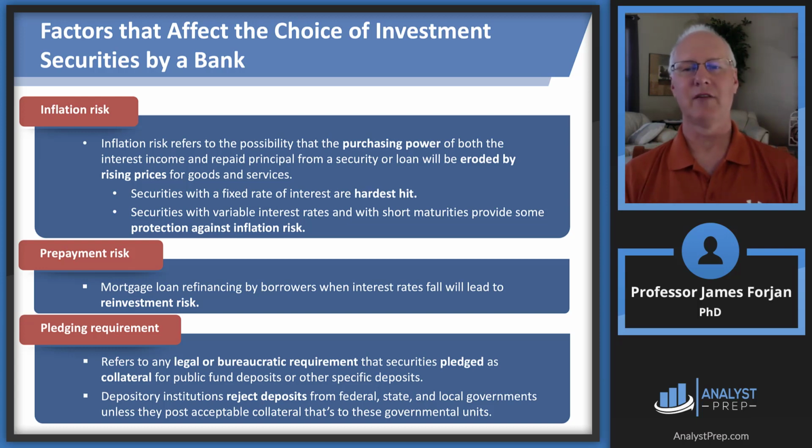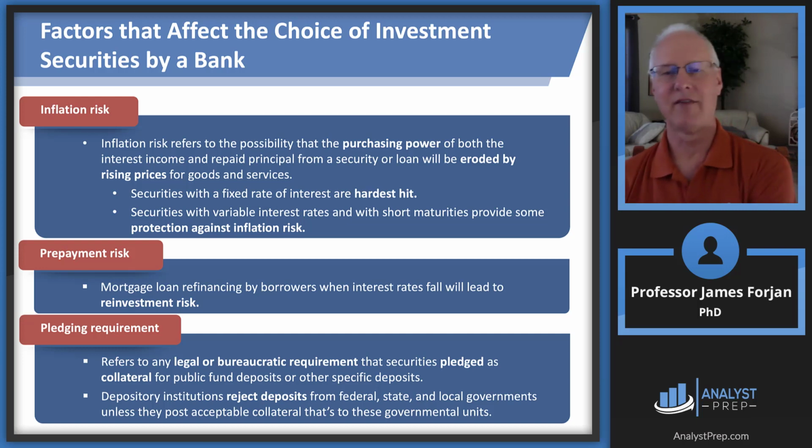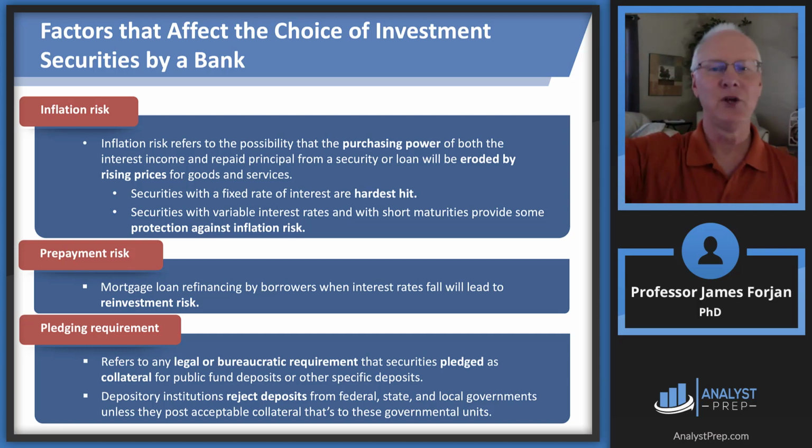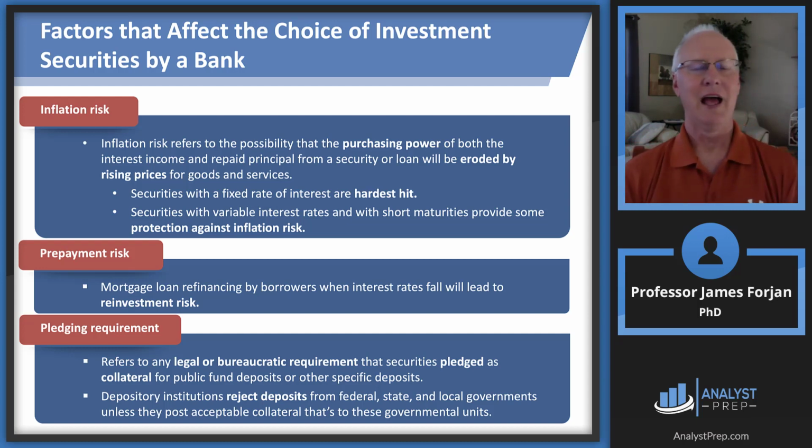So whenever you think of inflation risk, just think of the price of a loaf of bread. It's $1 today, and if it's $1.06 or $1.07 or $1.10 next year, you can probably deal with that, right? But if it's going to be $2, well, oh my gosh, then how do you deal with your investment in fixed income securities? Look at that indented one. Securities with a fixed rate of interest are hardest hit.